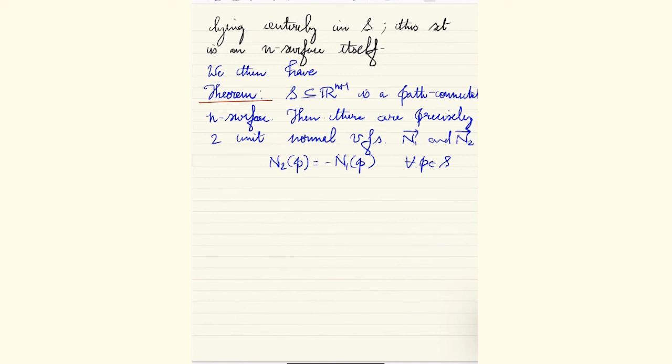So there is one dimension available to the normal vectors, but only one, right? So if there are two, they have to be scalar multiples of each other. But in this case, they are unit normal vectors, so they only differ by a sign. So nothing about this result should surprise you.